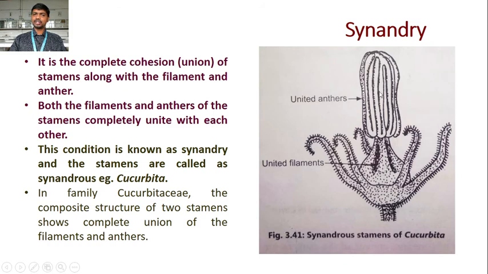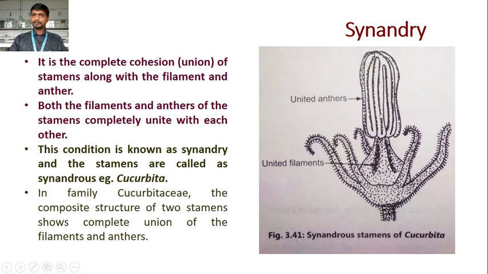This condition is known as synandry, and the stamens are called synandrous stamens. For example, Cucurbita. In family Cucurbitaceae, the composite structure of stamens shows complete union of the filaments and anthers. The filaments are fused, as well as the anthers are united. So such condition is synandry.